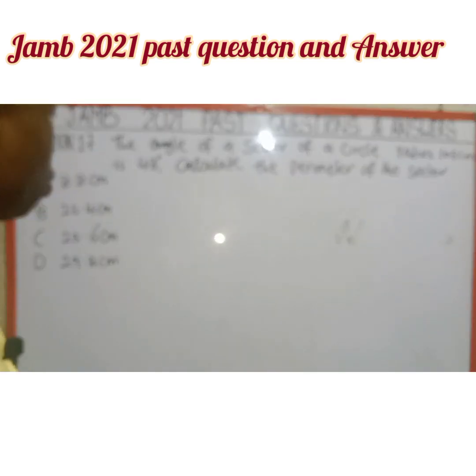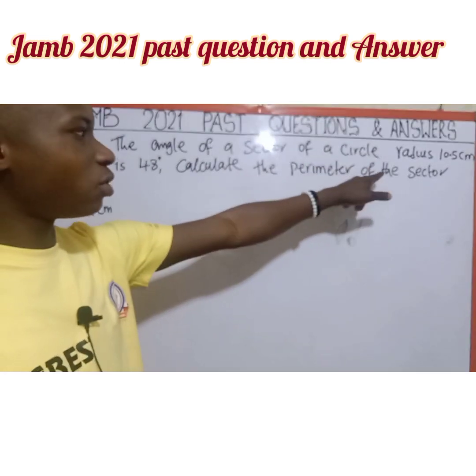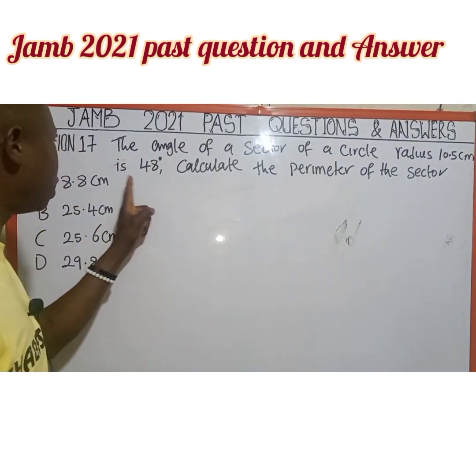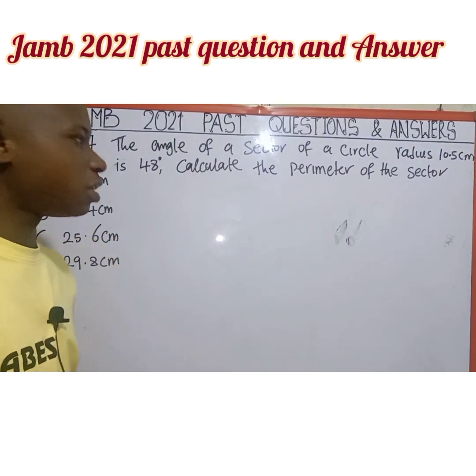Number 17, which reads: the angle of a sector of a circle of radius 10.5 centimeters is 48 degrees, and we're asked to calculate the perimeter of the sector.